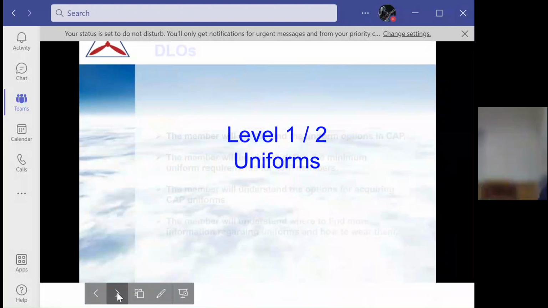Also, recognize the similarities between customs in CAP and members of the branch in which you served. Recognize the differences between forms of address utilized by CAP and members of the branch, the Army. Recognize the differences between grade abbreviations, CAP and Army. All right.